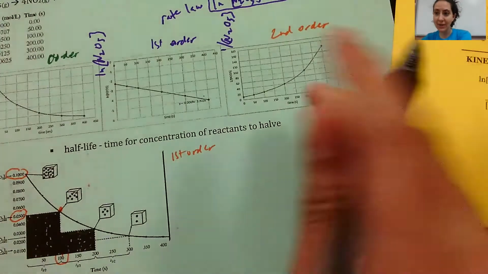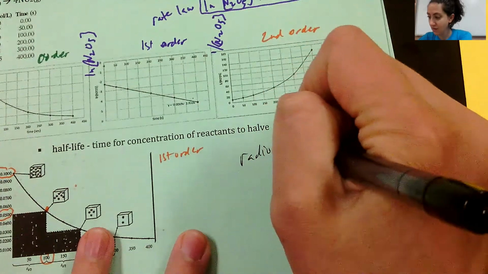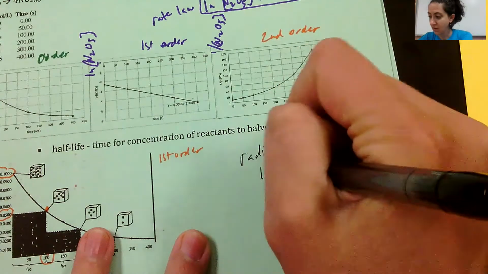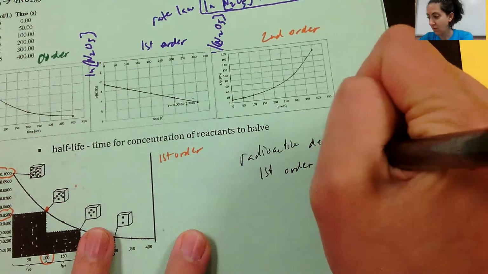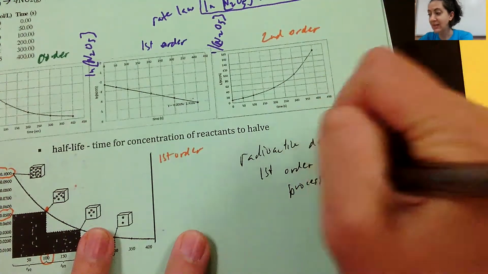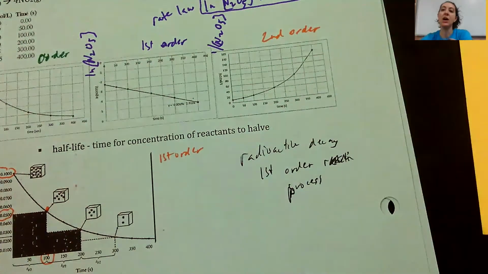I do want to add something: radioactive decay. Radioactive decay is a first order, I was going to say reaction, but it's really more of a process.